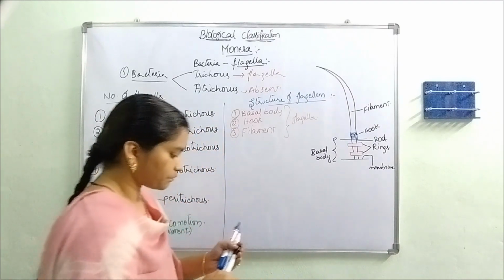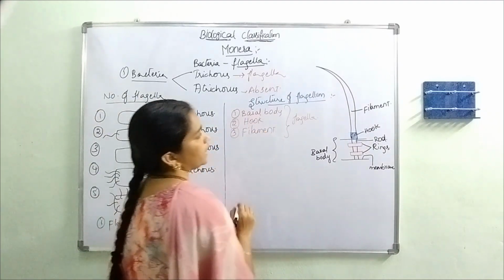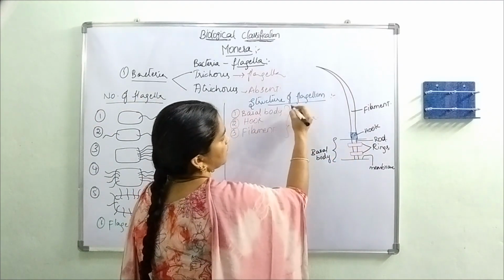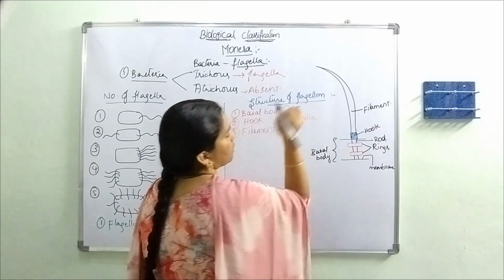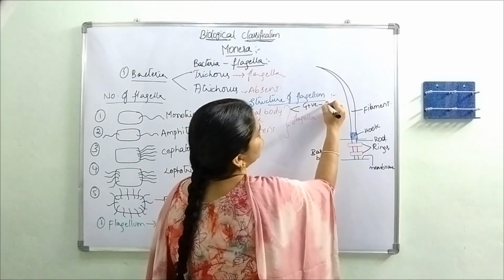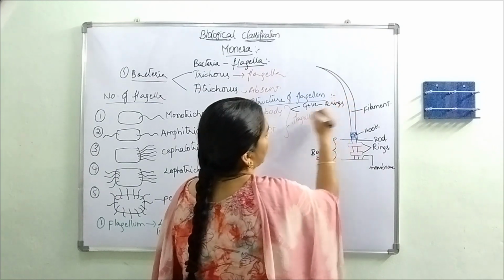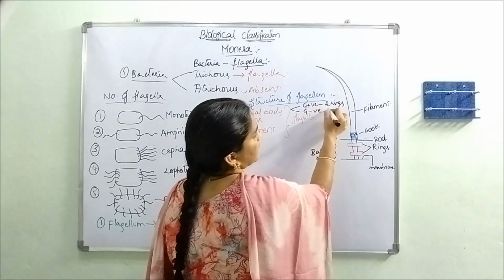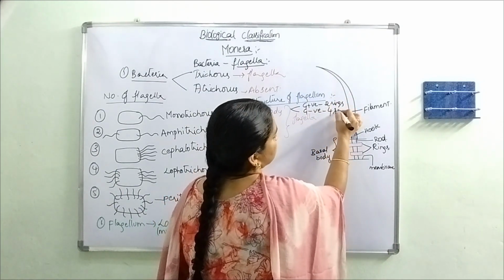And now the basal body is made up of rings. In gram-positive bacteria, there are 2 rings, and in gram-negative bacteria, there are 4 rings.